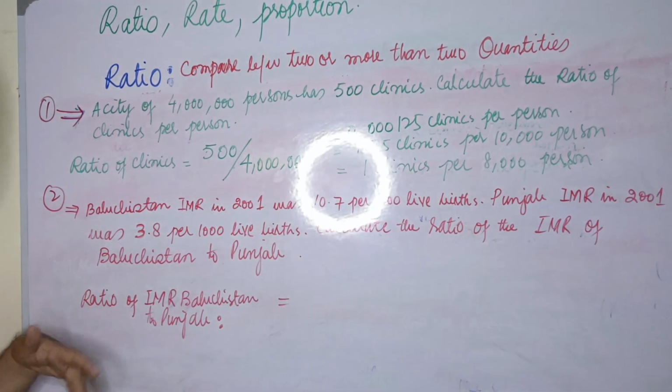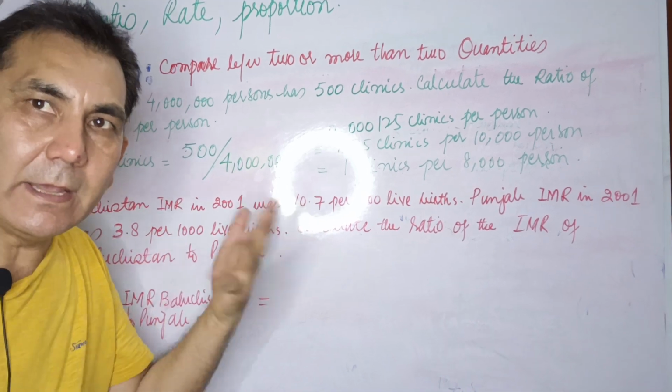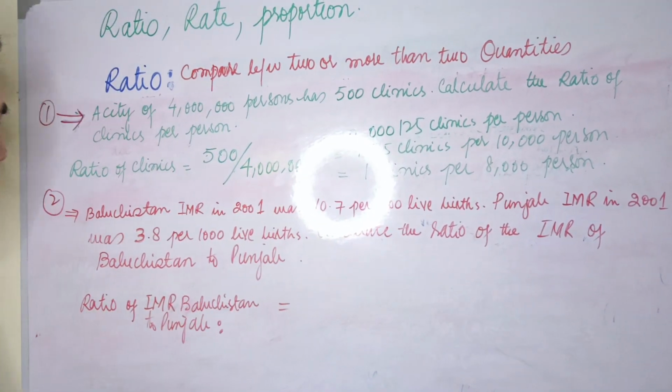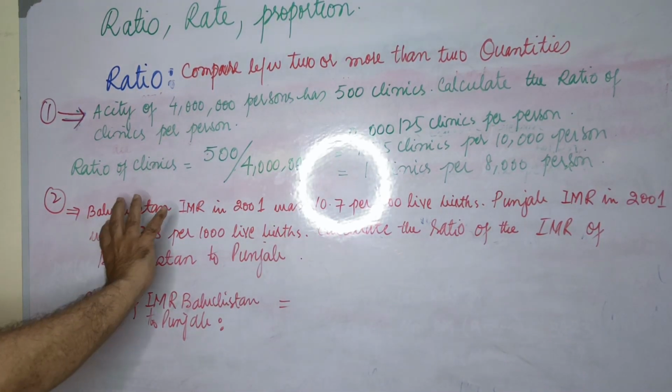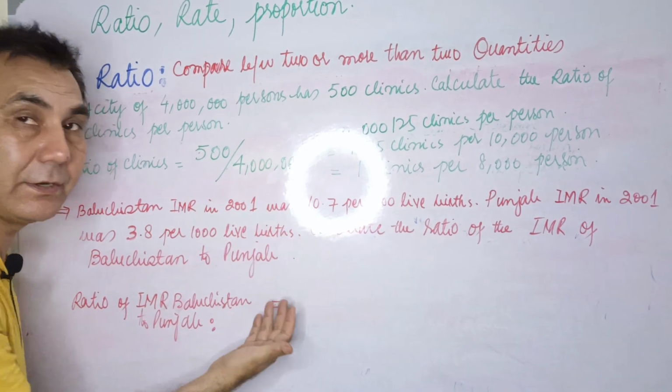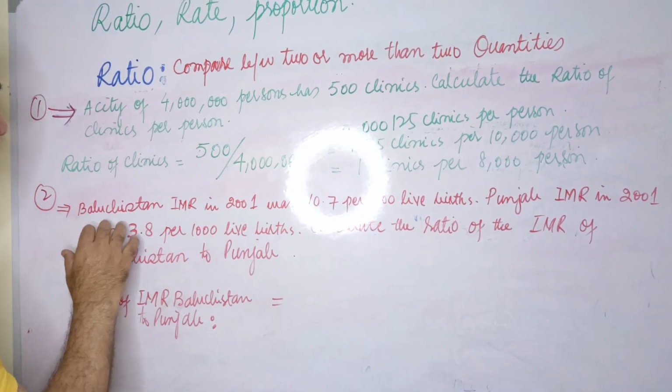Now we will go to another epidemiological example to clear the concept about the ratio. Suppose, it is not the actual data, it is supposed data.